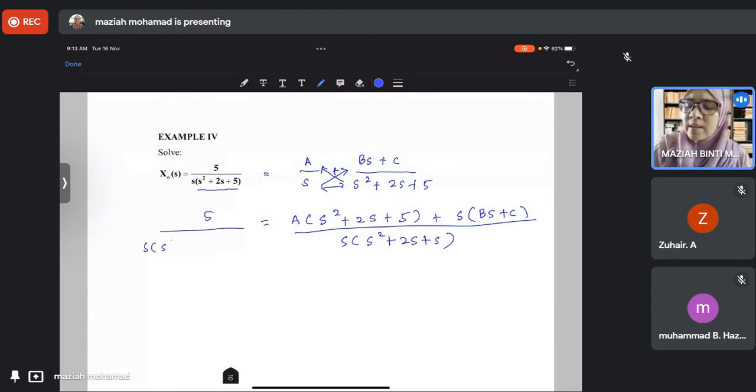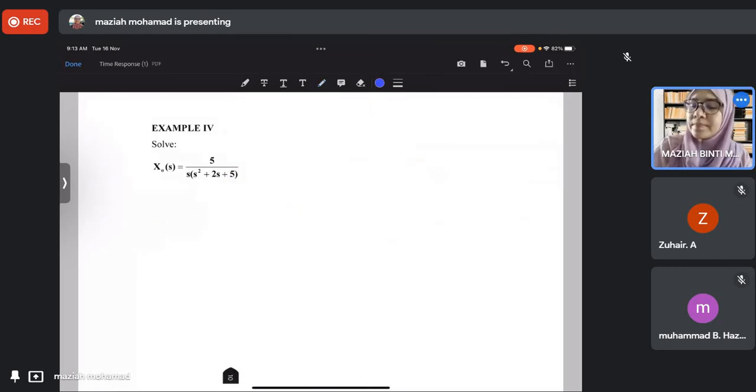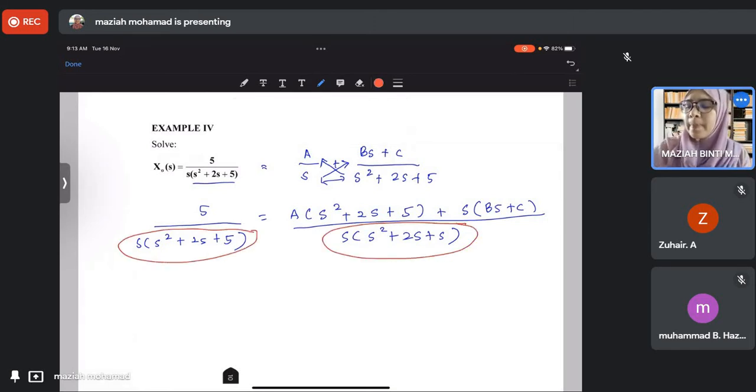Let's fold the equation first. You can see this term here is equal to this term, so we just let it be like that.